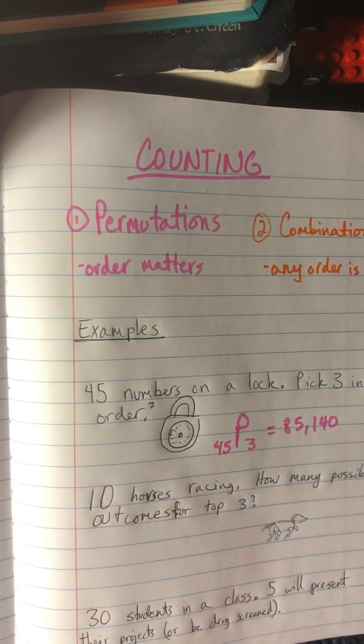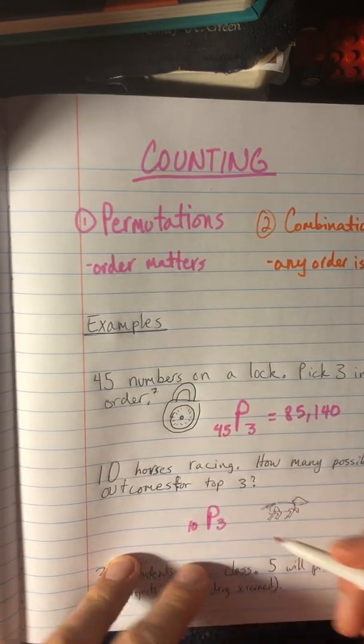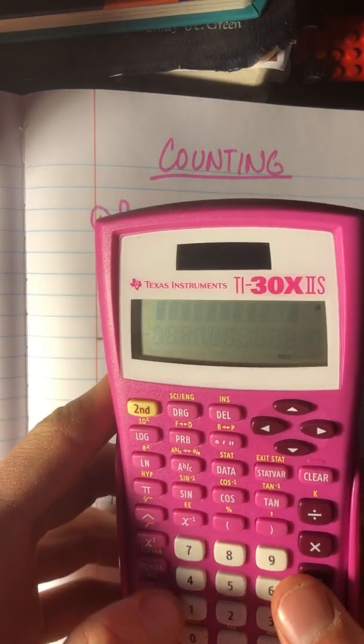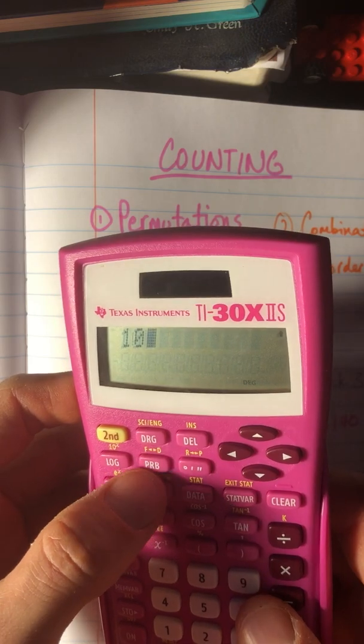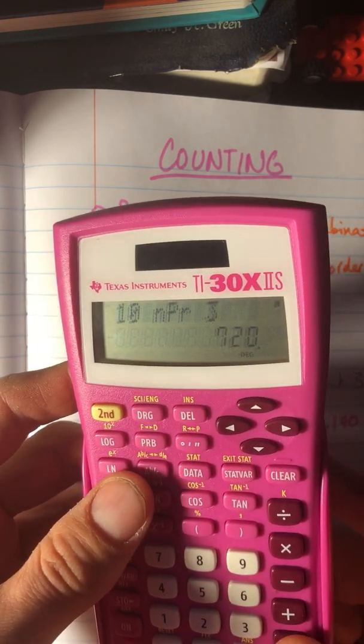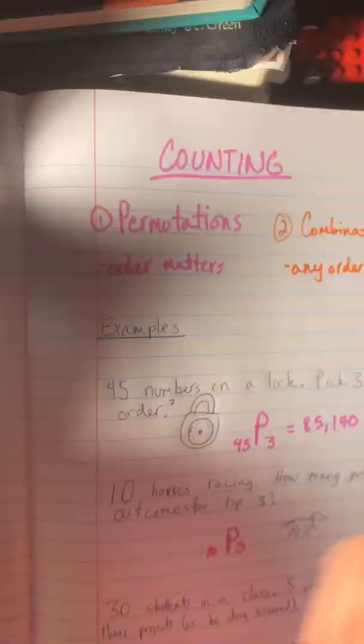So this is another permutation, and this time we have 10 horses and we're picking 3. I'd go 10, PRB, 3. And there are 720 ways that horses can finish win, place, show.